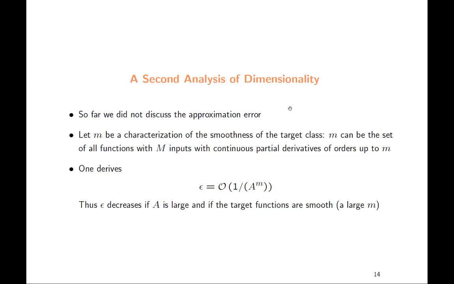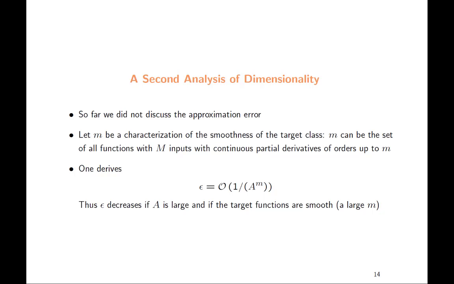What we're really interested in is the approximation error. Here we introduce the parameter large M, which characterizes the smoothness of the target class. If you have a large M, the target function class is very smooth. If you have a small M, the target function class is not very smooth and contains a lot of high-dimensional components.